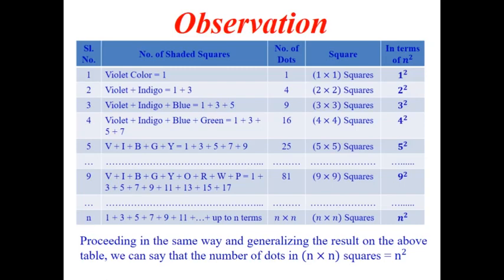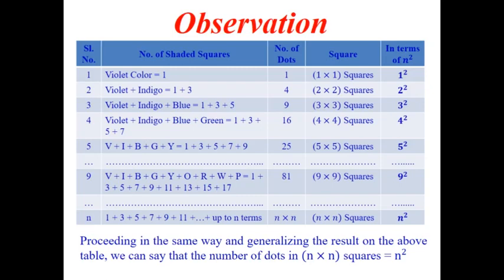Then violet plus indigo plus blue, that is equal to 1 plus 3 plus 5. Number of dots are 9. Number of squares can be written as 3 into 3, that is equal to 3 square. Then violet plus indigo plus blue plus green, that is equal to 1 plus 3 plus 5 plus 7. Number of dots are 16.